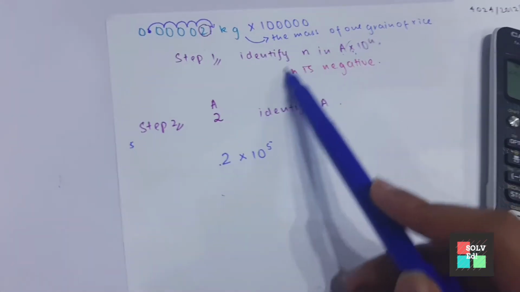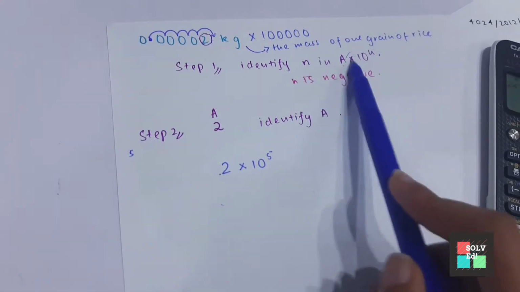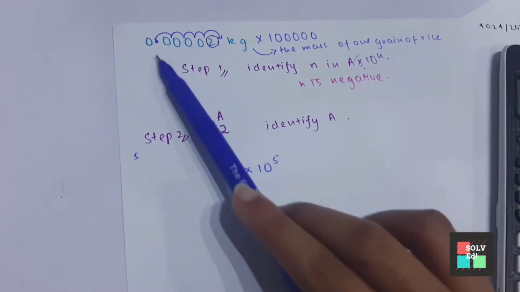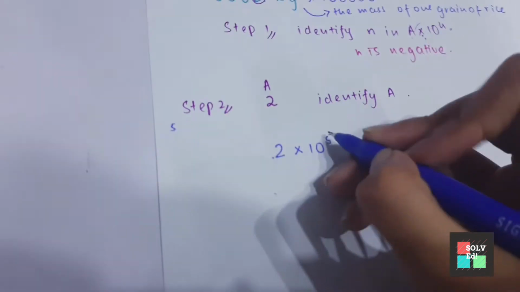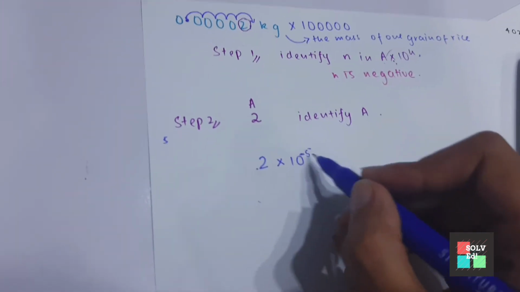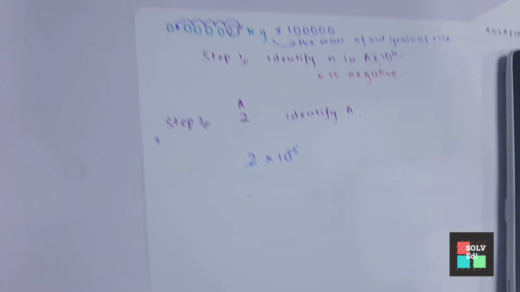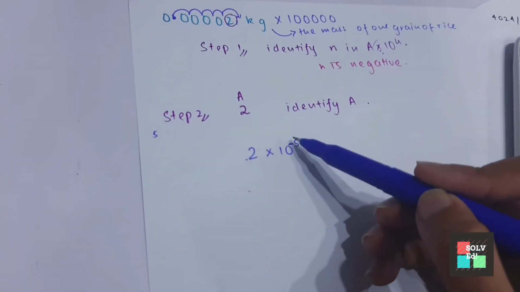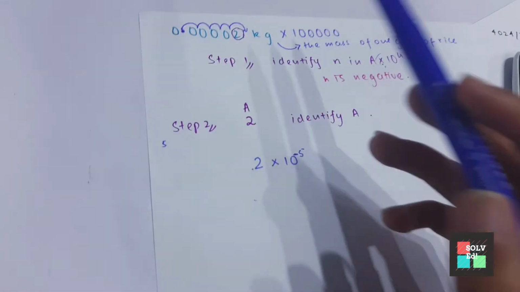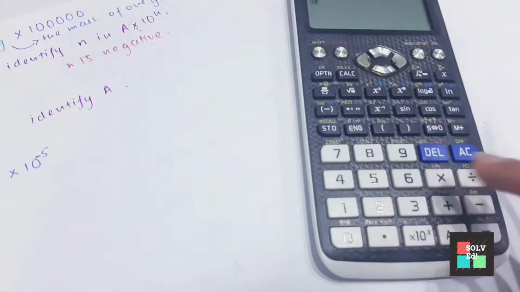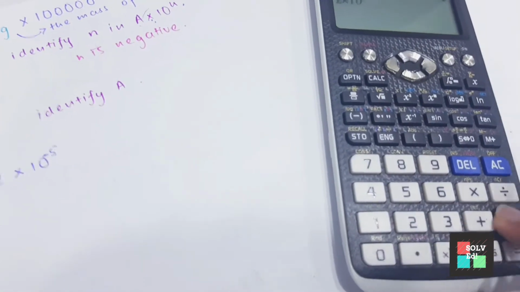Yes, this is n. We have already identified n to be negative in this situation because this is a small number. So n will be minus 5. The 5 indicates the magnitude, or the number of steps we have to move to the right side, and negative indicates that this is a smaller number. So now let's try 2 into 10 to the power of minus 5.